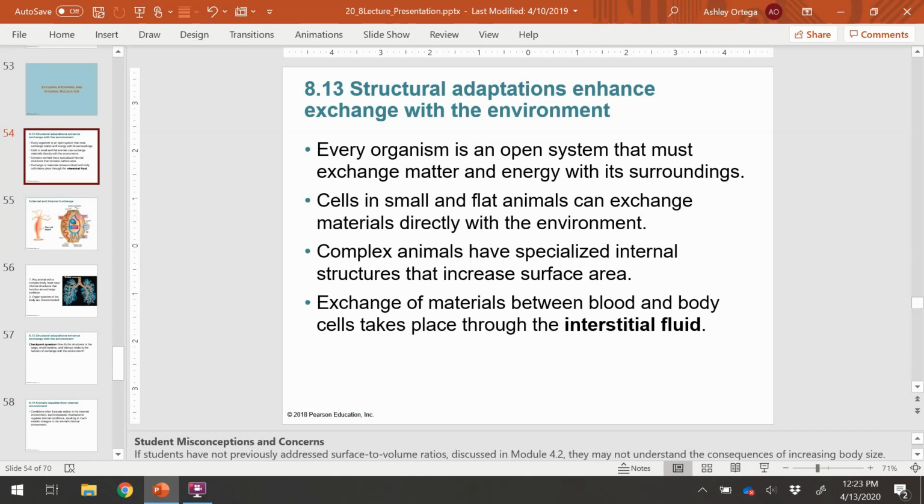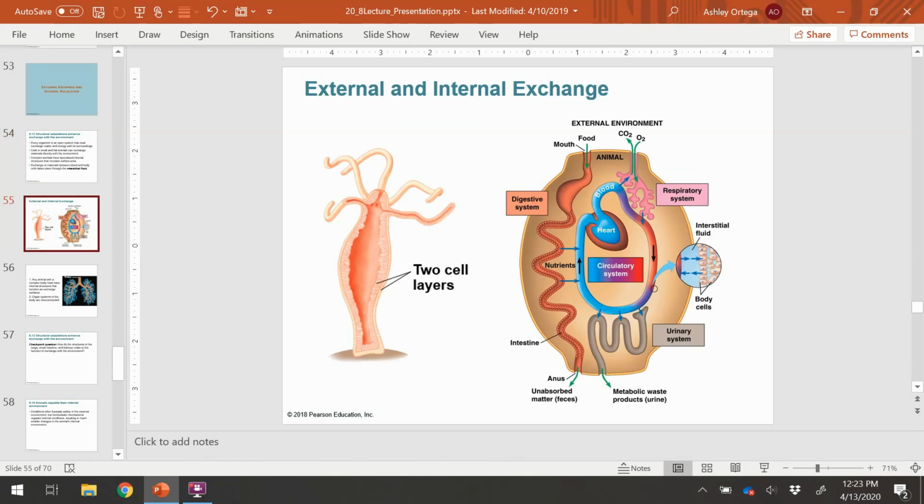And so the exchange between the cells takes place through interstitial fluid. You can see here that the exchange with the hydra, which is just 2 cell layers thick, is much easier, whereas with the complex organism, they must have different systems to exchange different things with the external environment.